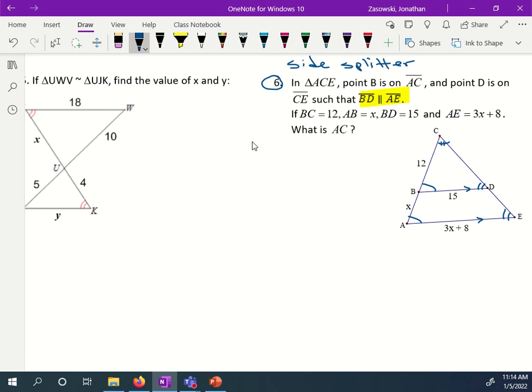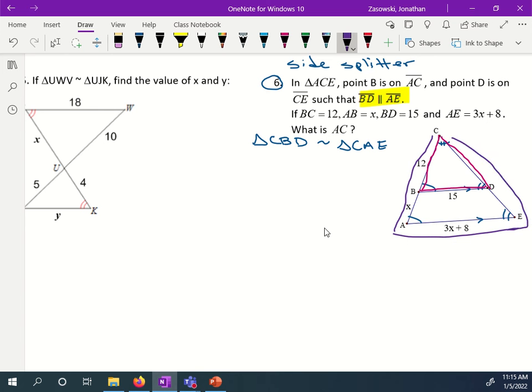So I actually have triangle CBD similar to triangle CAE because their angles are all equal. Once the angles are equal, I know that they're similar, okay? So I can figure out what X is by using our proportions, okay? So look at the smaller triangle, okay? And then look at your bigger triangle going all the way around here.